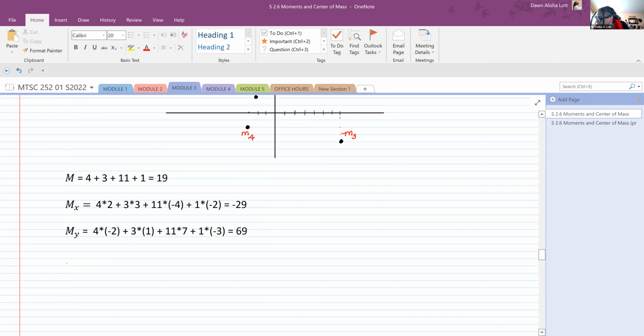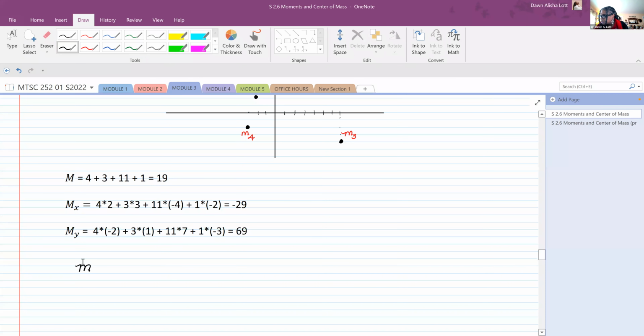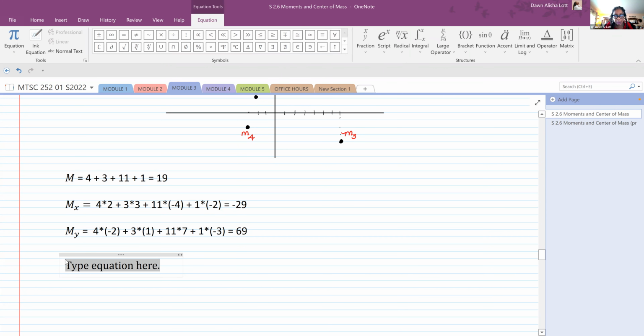So now our M sub X, let me erase that for a moment. No, X bar is what I want.